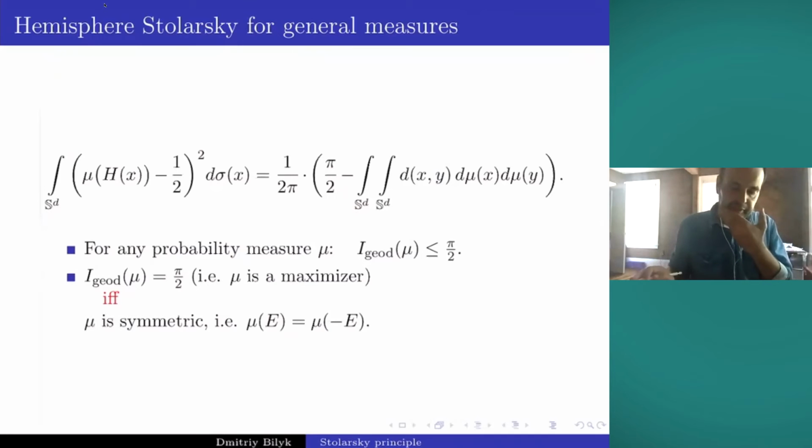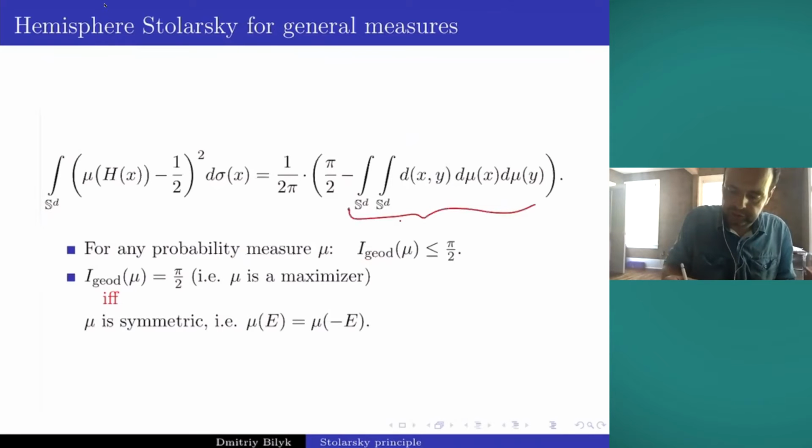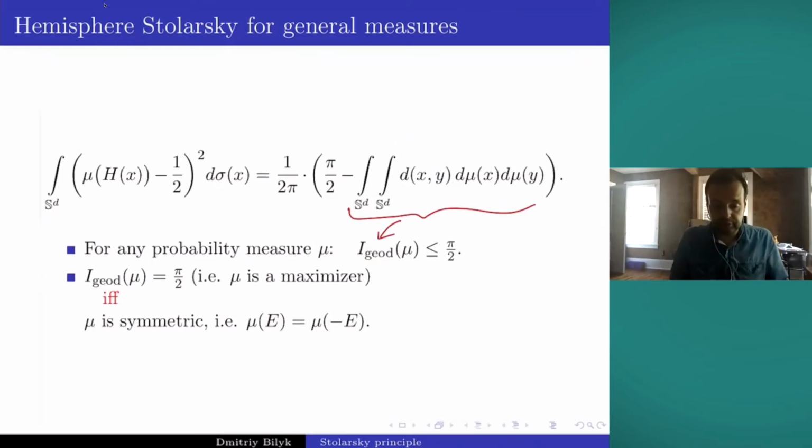But then you can also look at this energy and try to understand it. So this is what I denote by I geodesic. This is this energy integral. You see immediately that it's bounded by pi over 2. You can also prove that the energy is maximized if and only if mu is symmetric.